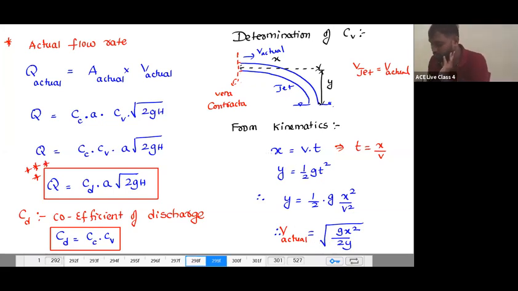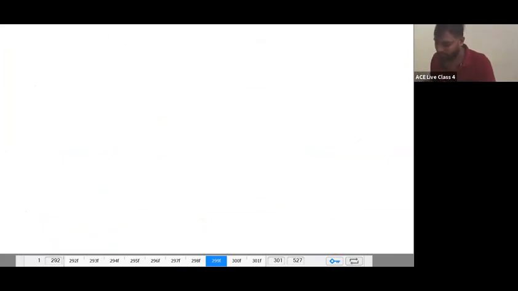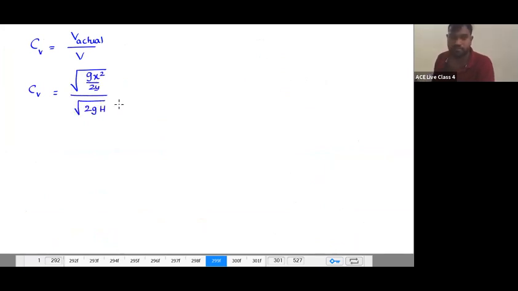So what we required is CV, right? And what is CV? Actual velocity by theoretical velocity. What is actual velocity now? Root of gx square by 2y by root of 2gh.